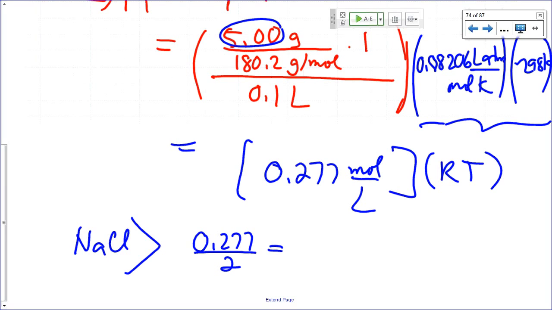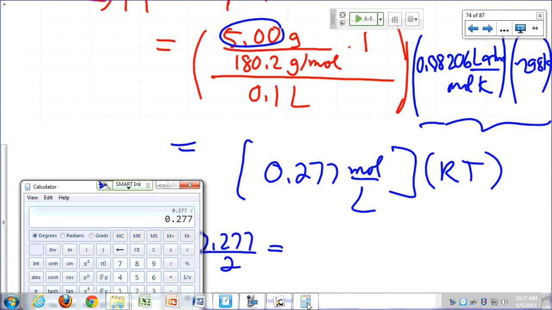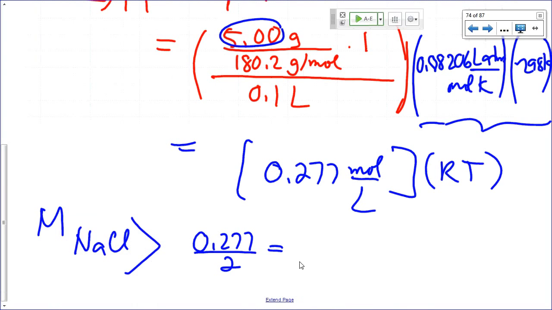Why divide by 2? Because your sodium chloride is going to give you twice as many particles. So 0.277 divided by 2 is 0.1385 moles per liter.